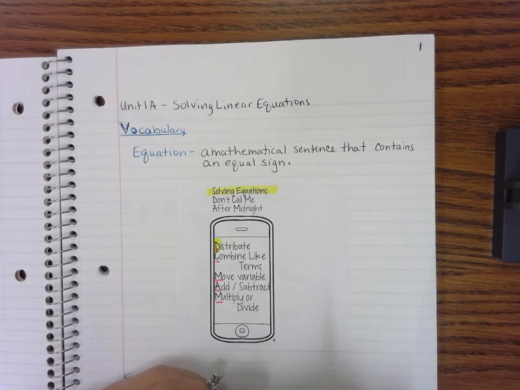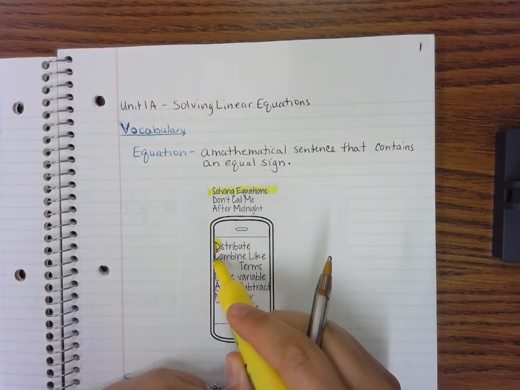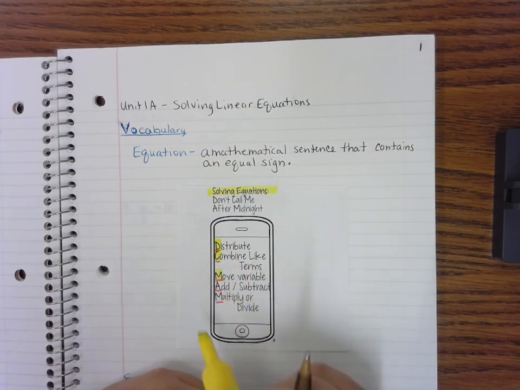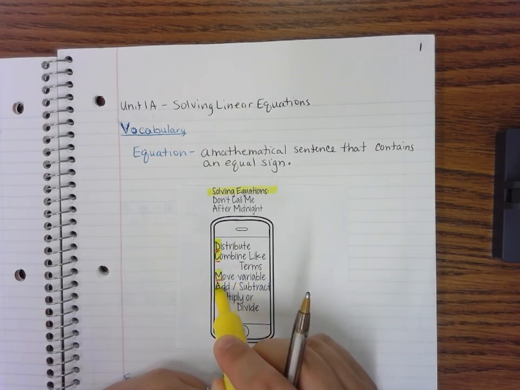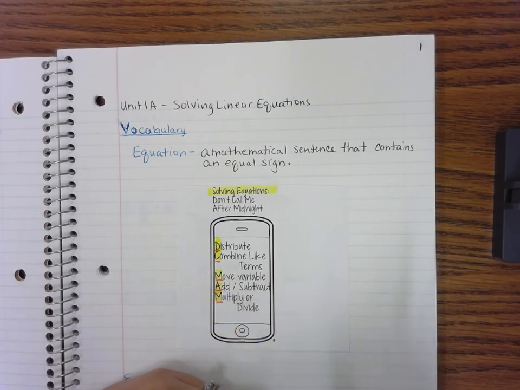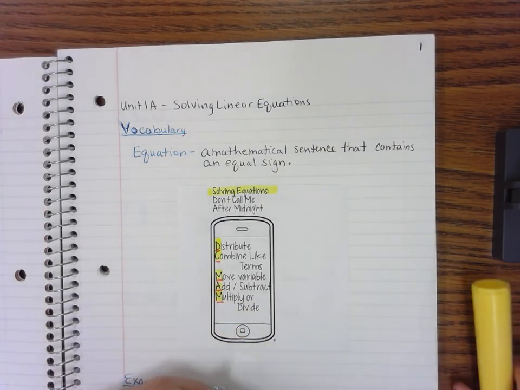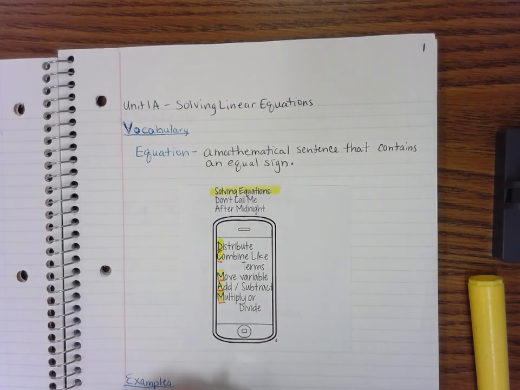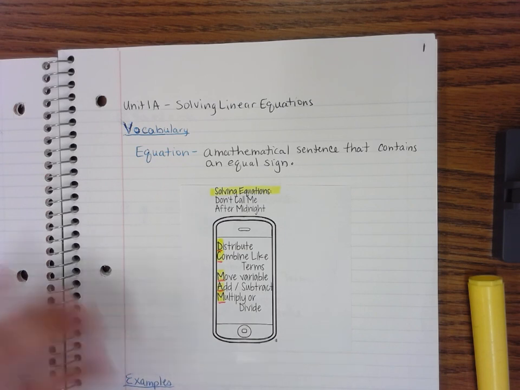So again, we will use the device don't call me after midnight for distribute, combine like terms, move the variable, add or subtract, and multiply or divide. So we're going to go through a few examples to help us work through one-step, two-step, and multi-step equations.